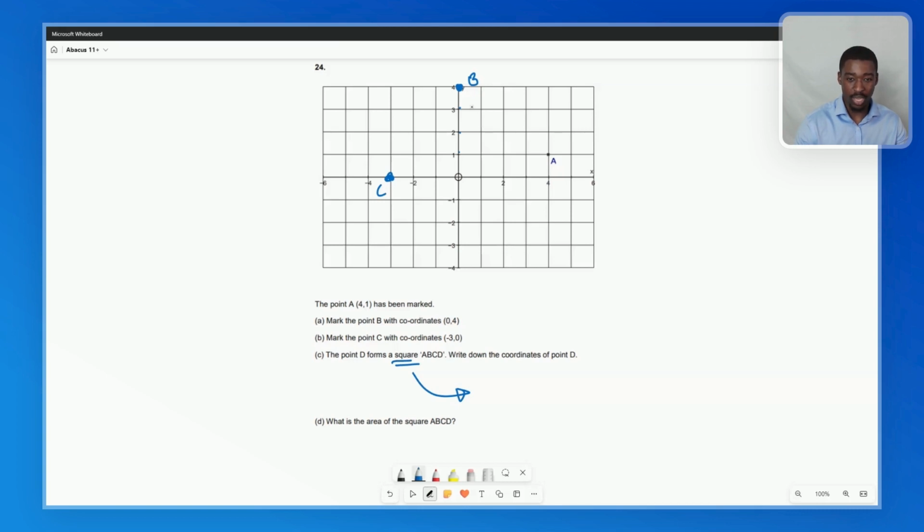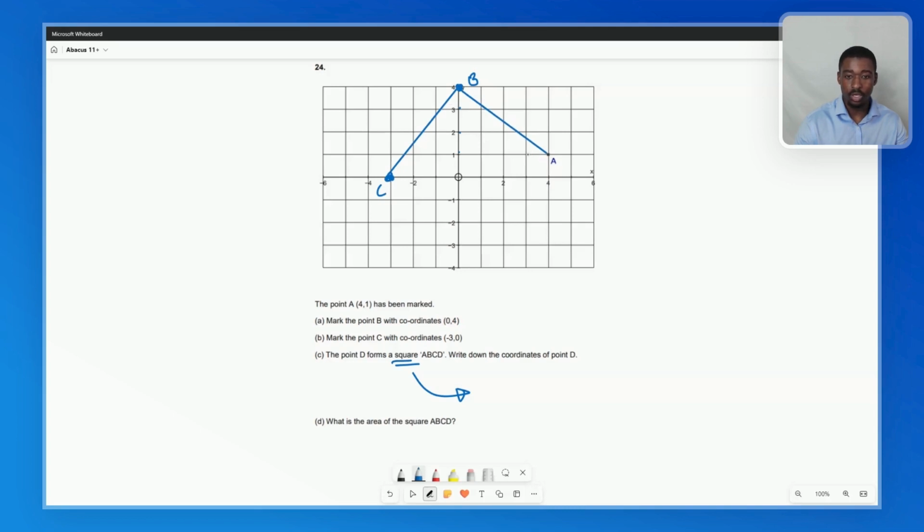So therefore, we have to find a point, a coordinate, that when we join it up to the other coordinates, every side is of equal length. So let's work out first the length of each side. So let's join up what we have already. We have something like this.